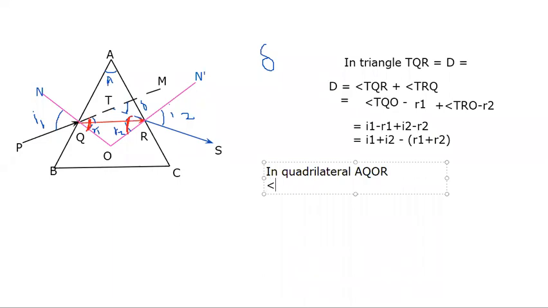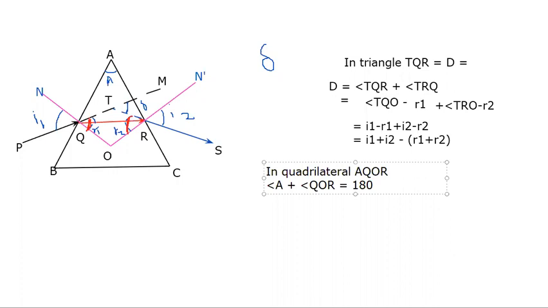Angle A plus angle QOR equals 180 degrees. Very good, equals 180 degrees.